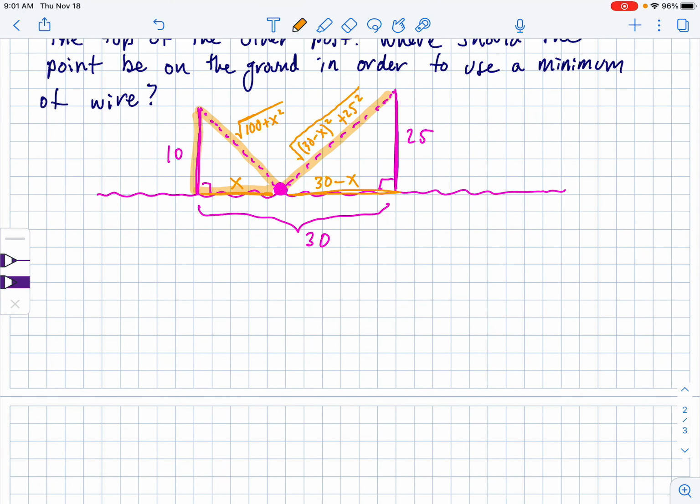So now our length of the wire, let's just use, what do you guys want to do? W of x for wire? It's up to us. That is the square root of 100 plus x squared, and then add the square root of (30 minus x) squared plus 25 squared.